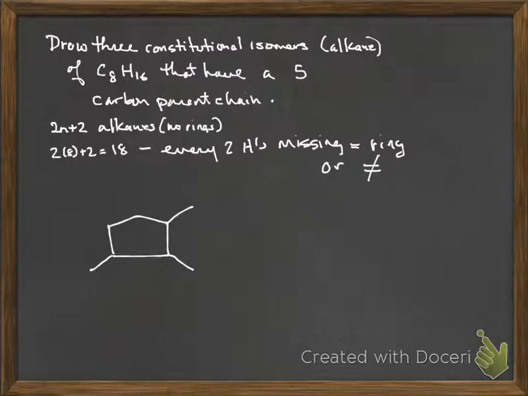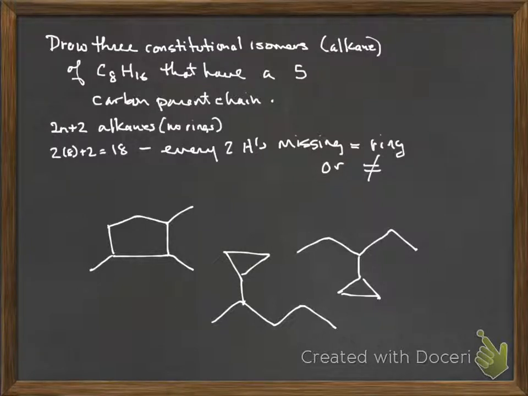My first inclination would have been to have a 5-carbon chain that's linear, right? And then figure out how I get 3 more carbons on it in a ring. It's a cyclopropane, right? So you would put a cyclopropane. Or that would be one as well.